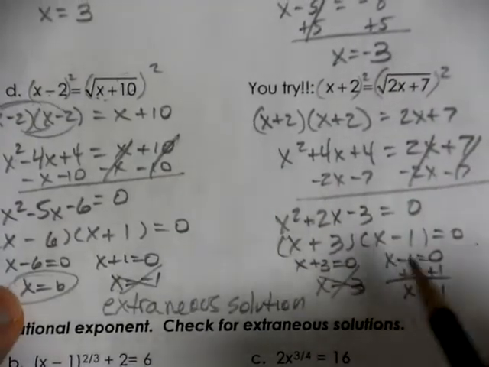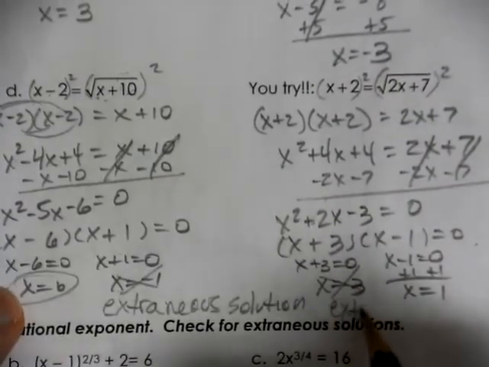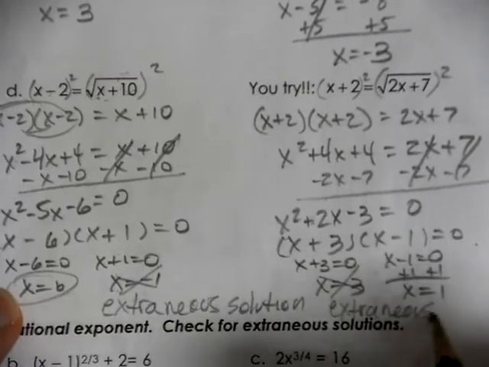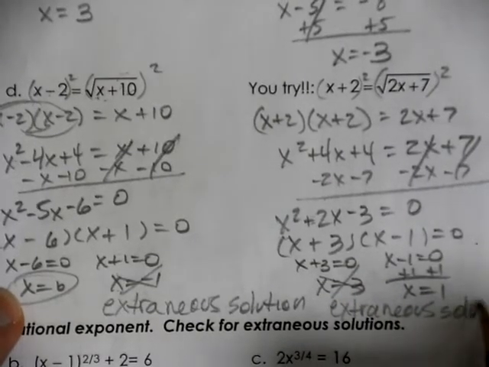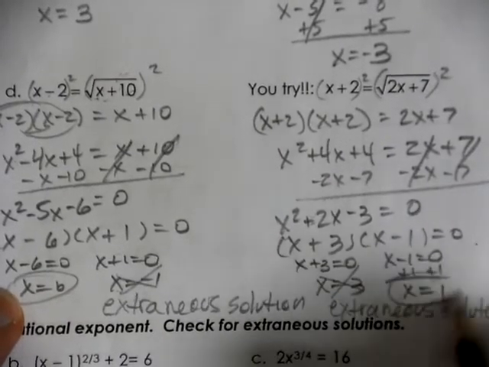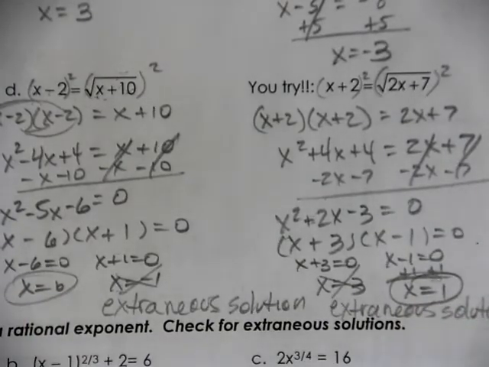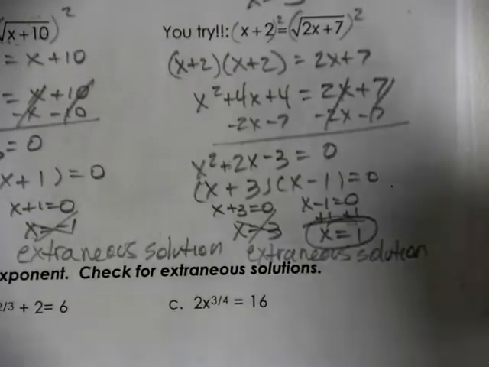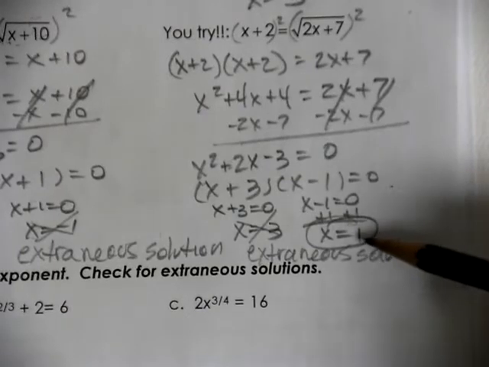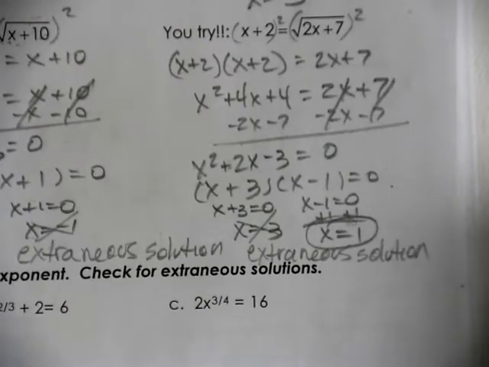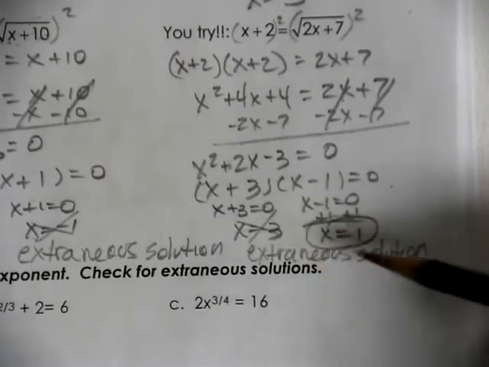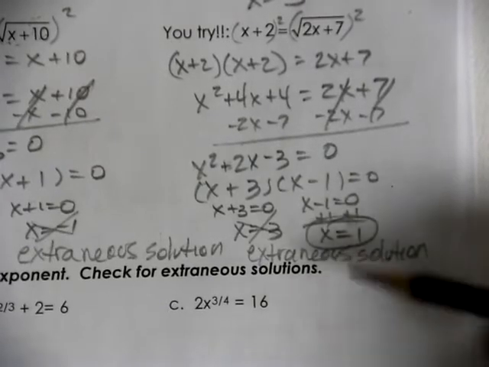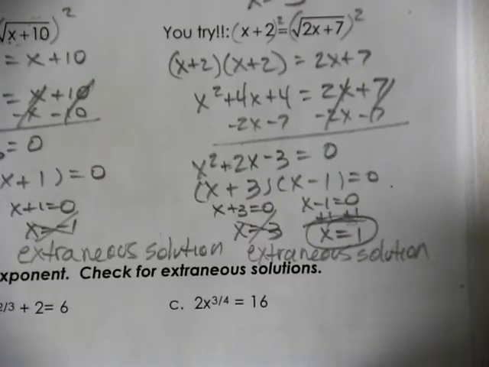So that's going to make this an extraneous solution. So we only circle the 1. If this was a multiple choice test and it's asking for the real solutions, you would only bubble in the answer for 1. You would not include the negative 3 because the extraneous solution is not a real solution.